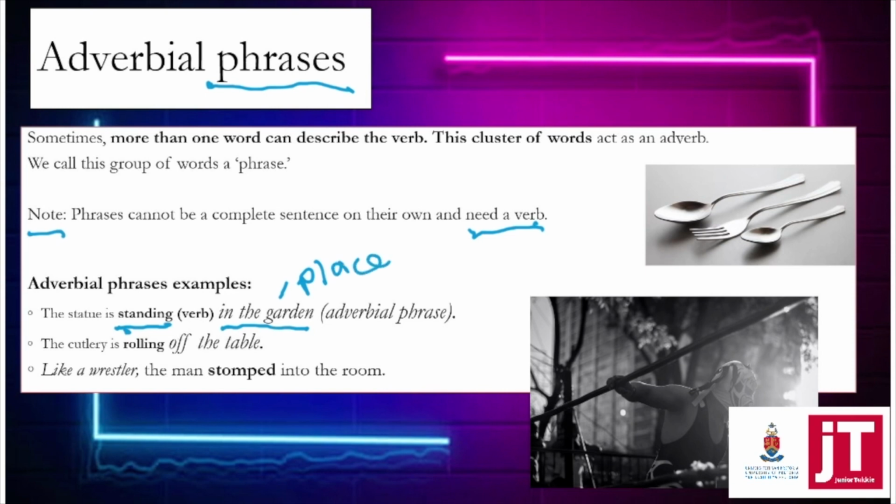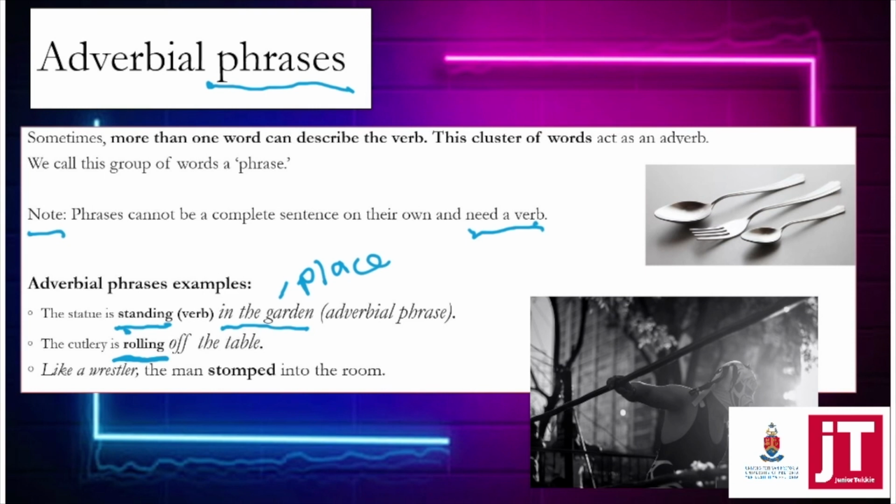Okay, the cutlery is rolling off the table. Rolling is the verb, okay, off the table. What is that telling us? Is that telling us where again? Yeah, it is. Correct me if I'm wrong, but I think that's also an adverbial phrase of place. Where is it rolling? Off the table.